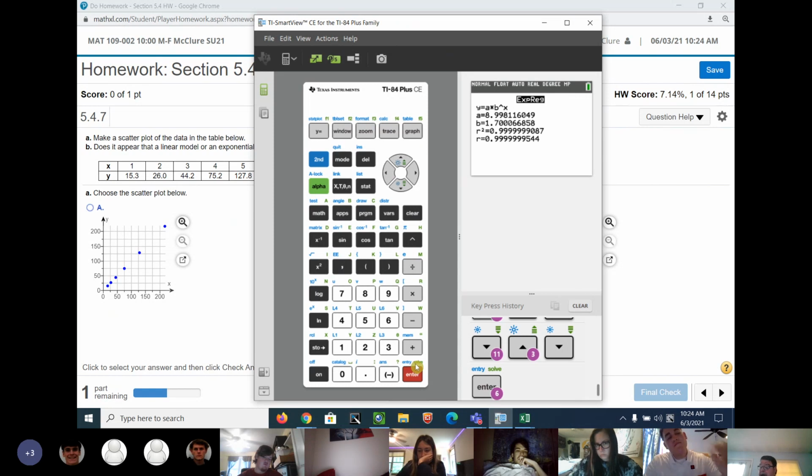And that's going to be y is equal to, and we don't have to worry about the 8.9, oh gosh, that's going to be 8.998 times 1.7007 to the x power, right?